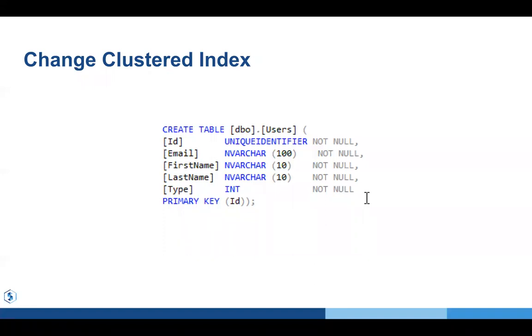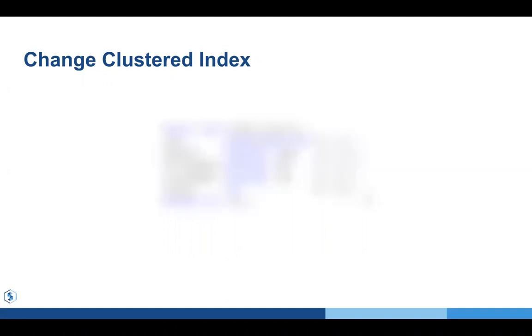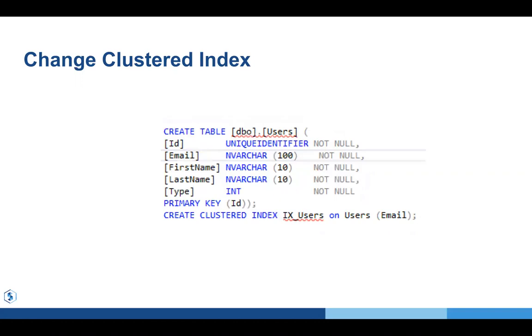So instead of that, we can modify our script, adding the create cluster index on the table that we have and the email. So these are good practices when adding new tables. But what happens if we already have a table with a cluster index on a column that is not best suited for our needs?